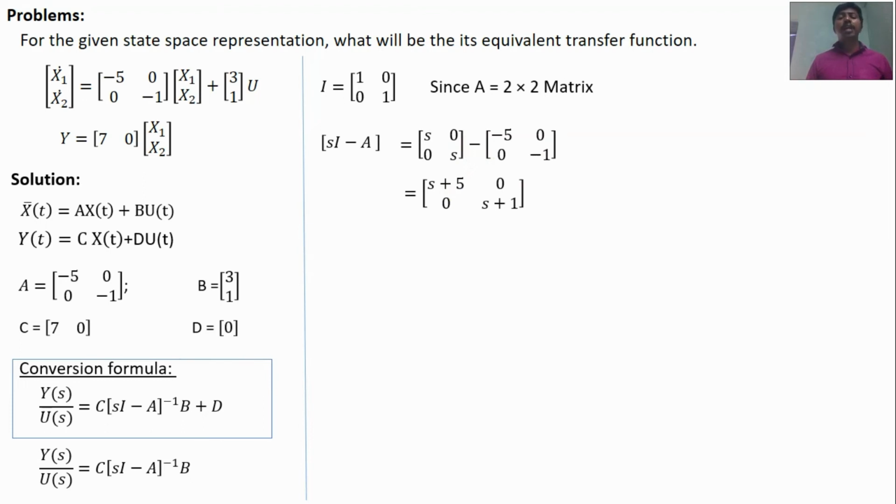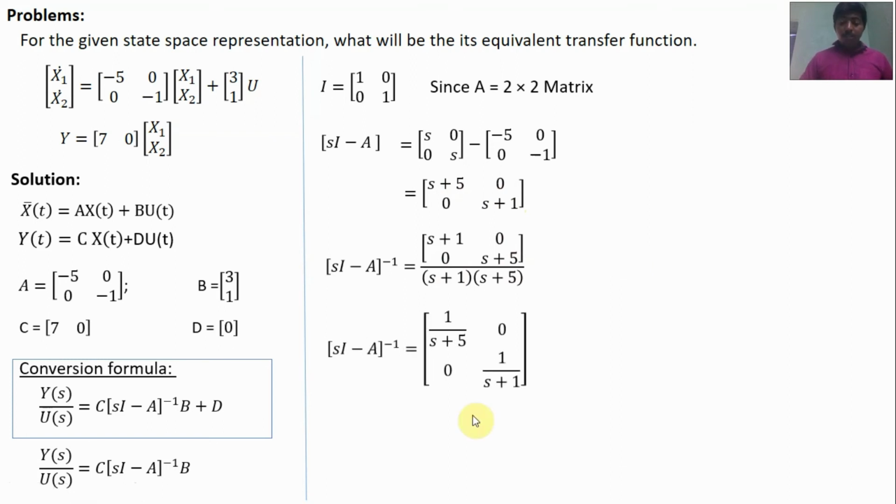If you don't know matrix multiplication and matrix inversion, just refer to the matrix mathematics videos. For the inverse of a 2 cross 2 matrix, interchange the diagonal elements, change the sign of the off-diagonal elements, and divide by the determinant of the matrix. We will get the inverse.